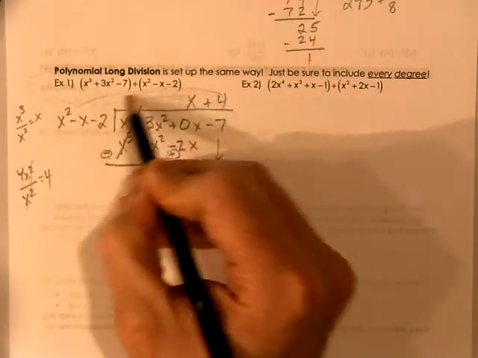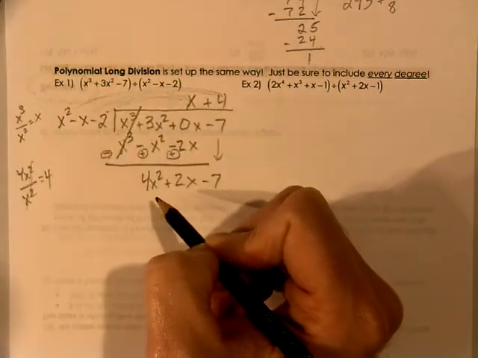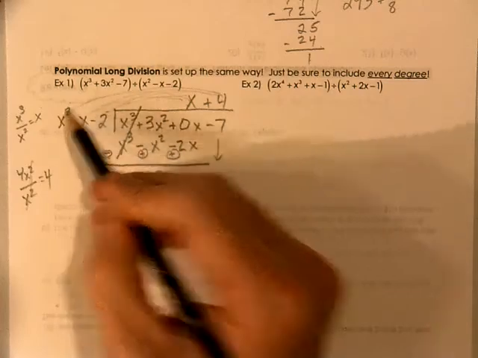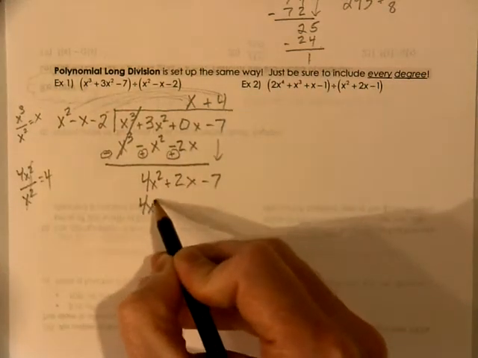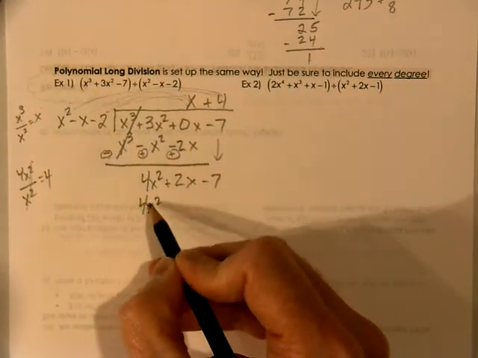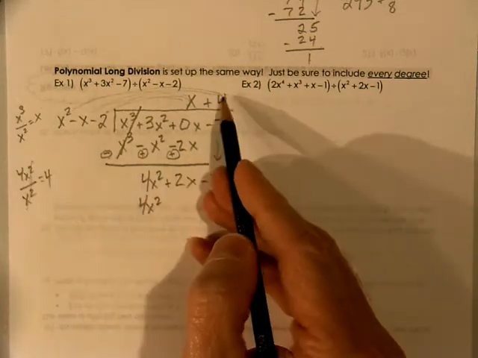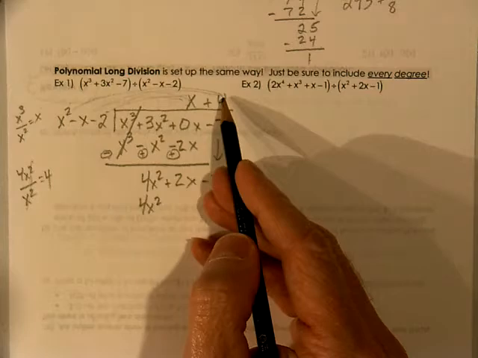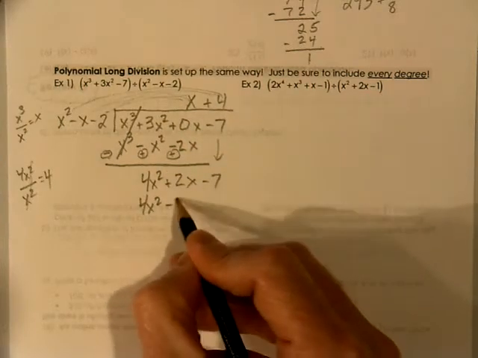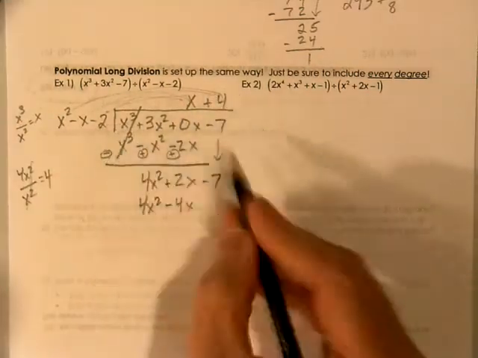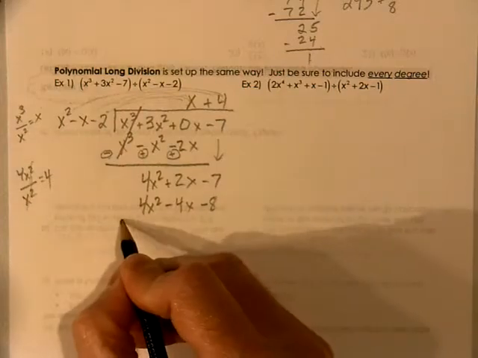We multiply or distribute that in. So 4 times x squared is 4x squared. That is supposed to match. That needs to match. That's why we chose to work with 4. Negative 4x and negative 8.